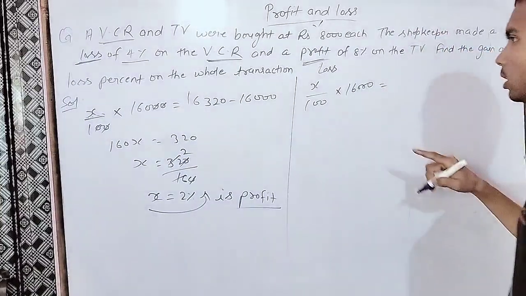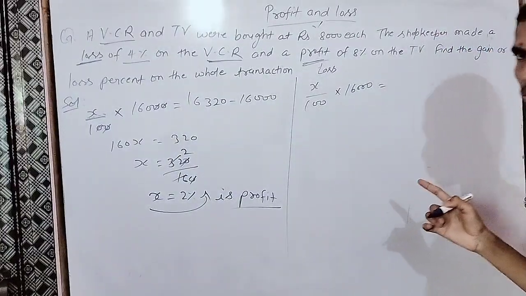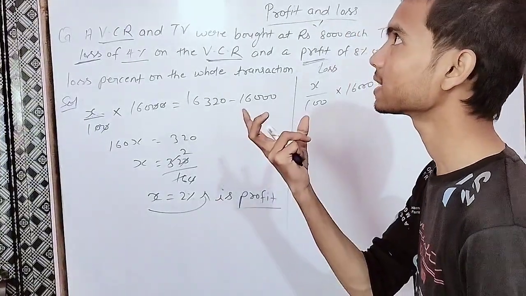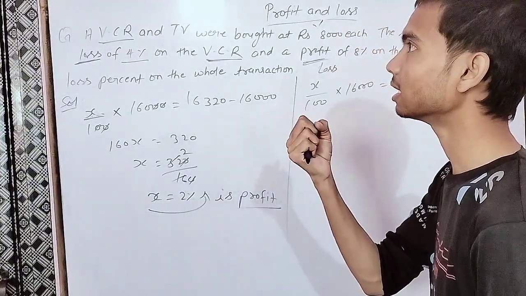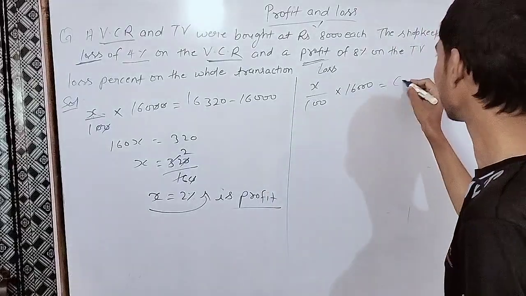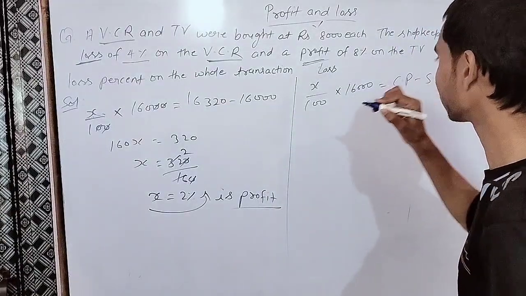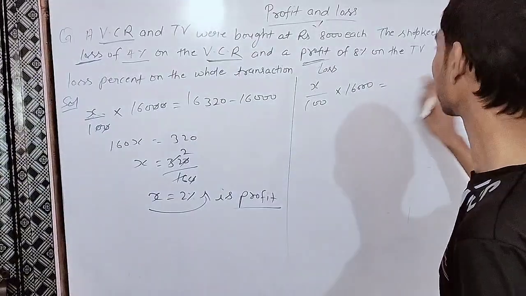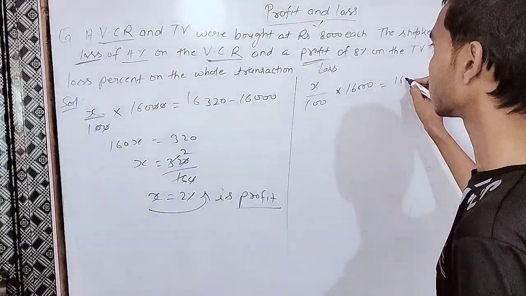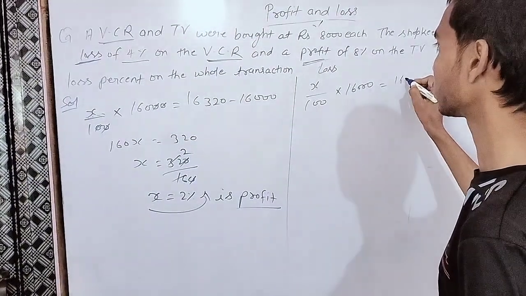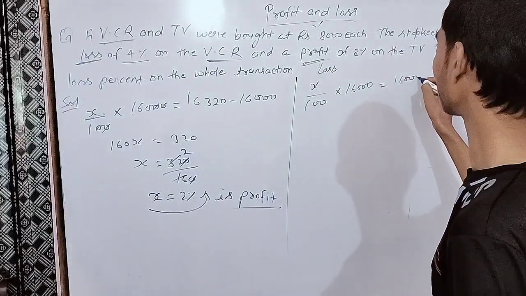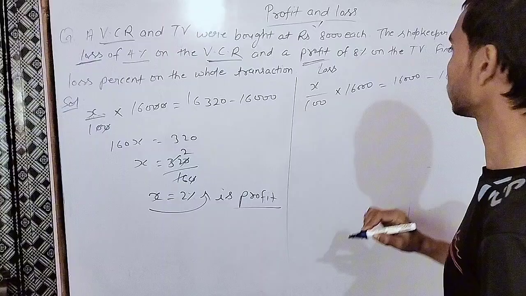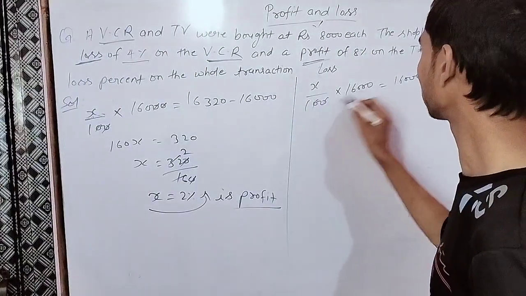Here, this is loss. So cost price is high, but selling price is low. So cost price is how much? 16,000, and selling price is 16,320.